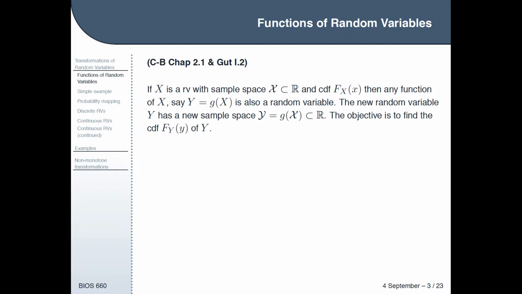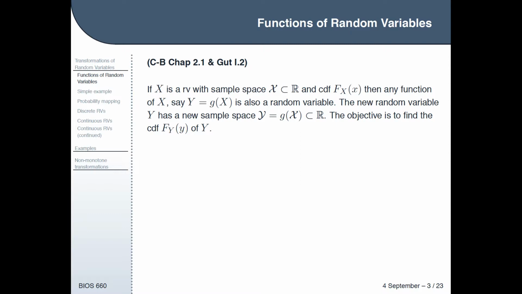It's fairly straightforward to show that if you take a transformation of the random variable and define a random variable Y that's some arbitrary function of X, that's also going to be a random variable. Just like a simple example, say X is normal, we want to find the distribution of X squared. Well, that's also a random variable, and this new random variable is also going to have some sample space that's going to be some subset of the real numbers.